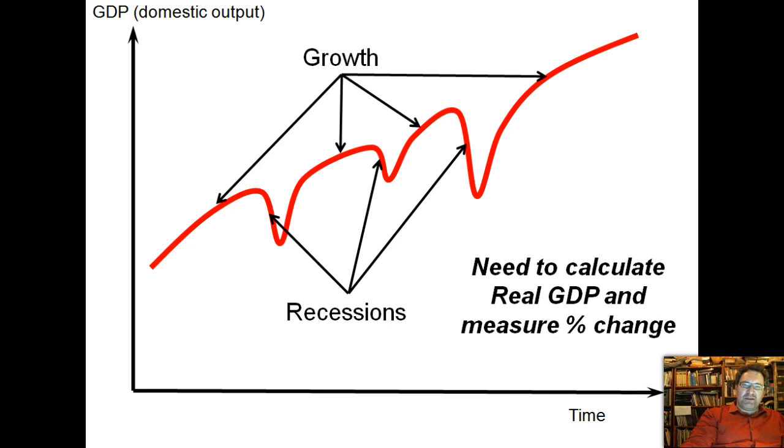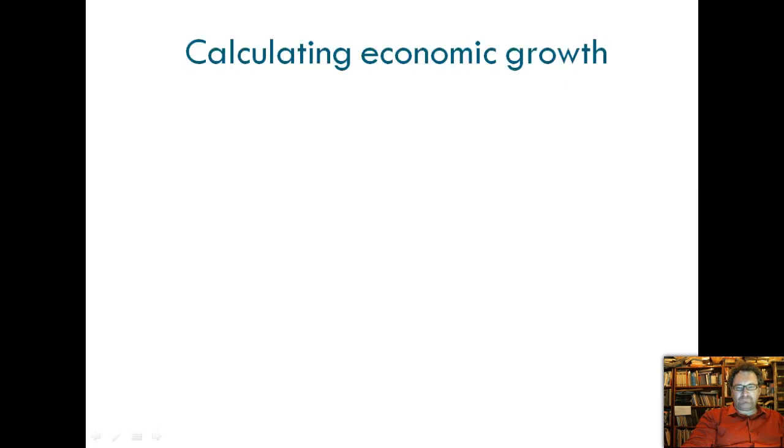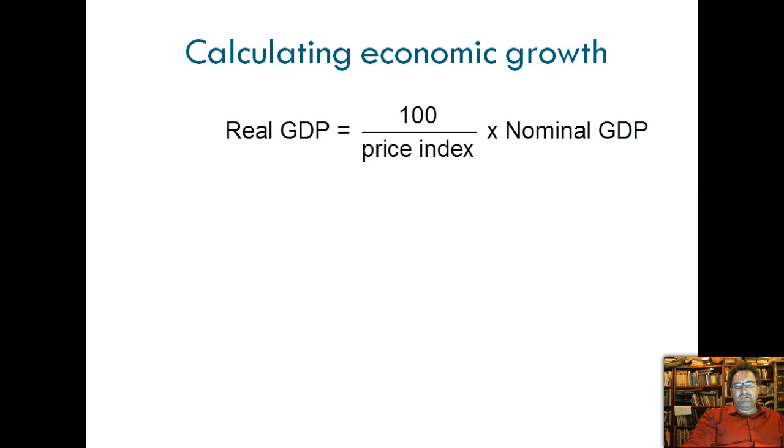So when we're talking about economic growth, we need to calculate the real GDP and then measure the percentage change. If you'll remember from the previous video, we can calculate real GDP using nominal GDP, that is GDP measured in current prices, the market value of all final goods and services produced in a given year at current market prices, multiplied by the base year of 100 over the price index for the year that we're interested in.